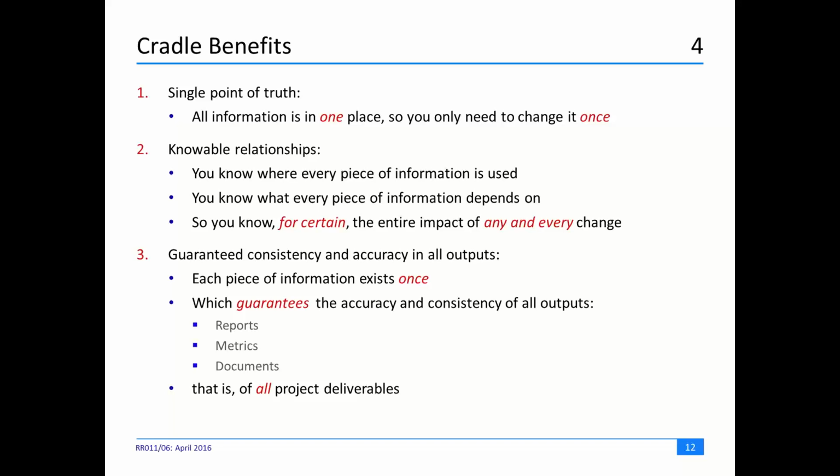You don't know what the effect of that change is, but with the information held inside a database all linked together, you do know. This means that you get, number 3, guaranteed consistency and accuracy in all outputs. Each piece of information exists once, which guarantees the accuracy and consistency of all outputs in all project deliverables.